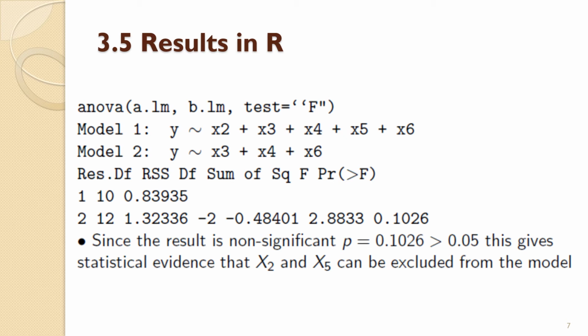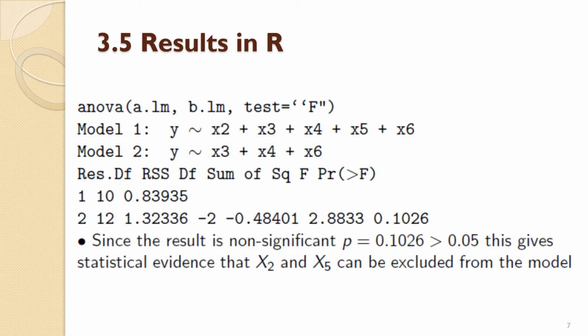The conventional way of interpreting this is that since the result is non-significant, precisely because the p-value of 0.1026 is greater than 0.05, this gives statistical evidence that x2 and x5 can be excluded from the model. The interpretation is that the extra sum of squares provided by the variables x2 and x5 is not necessarily greater than you might expect to happen just by chance.